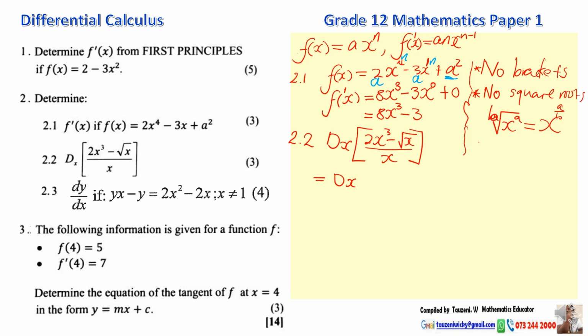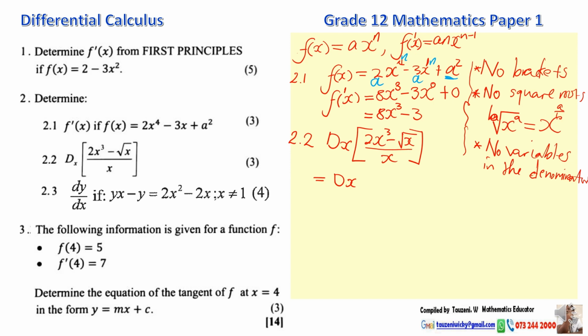Then the third rule that we apply is that you must make sure that your expression does not have variables in the denominator. No variables in the denominator. The variables that I'm referring to here, we are talking about if you are differentiating with respect to x, then you can't have x in the denominator.